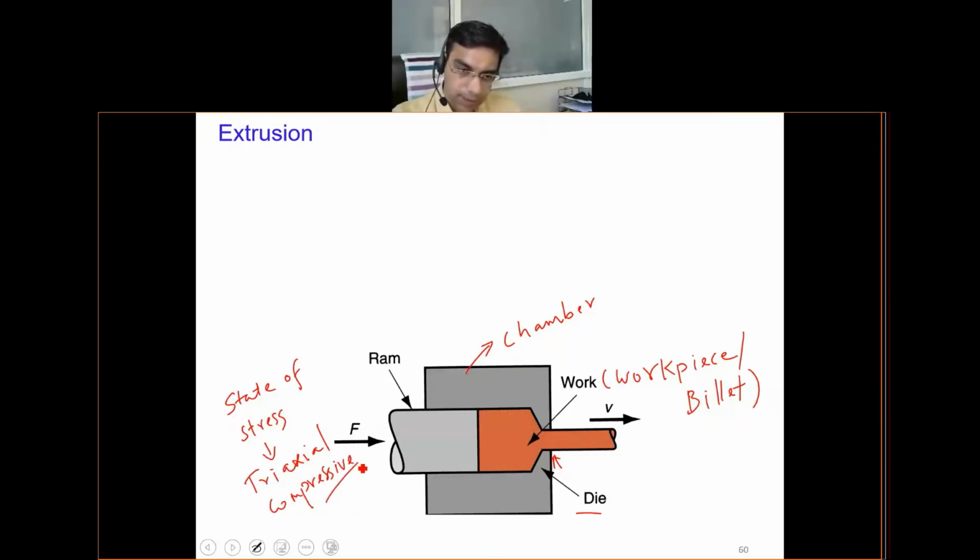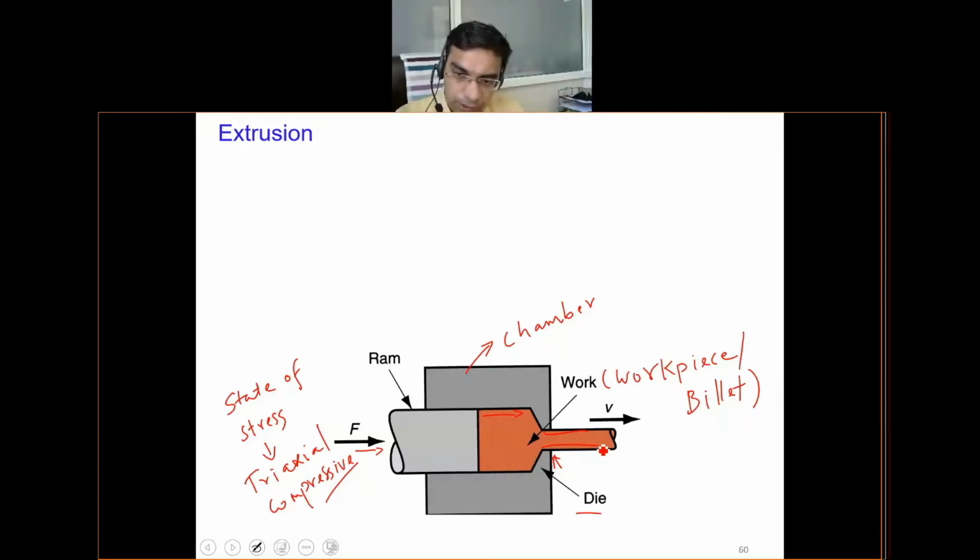This starts when you apply force using this ram, and then compressive stresses start to build up. As they build up, the product first upsets, means the diameter increases, it is pushed forward, and then it conforms to the internal cavity of the die. As the stress value continues to increase, it finally starts to flow outside the cavity of this die.